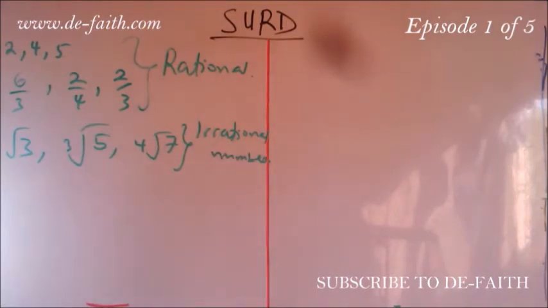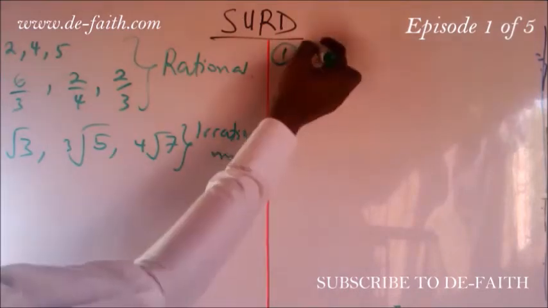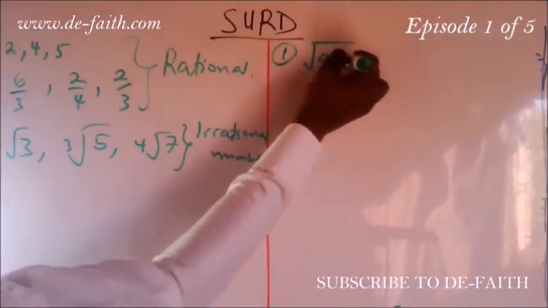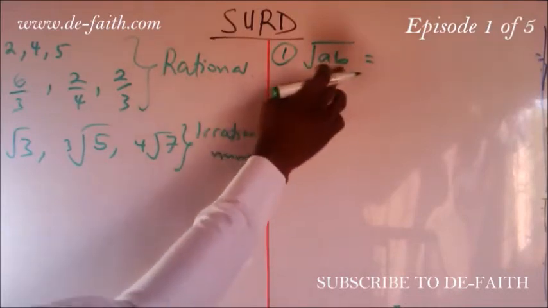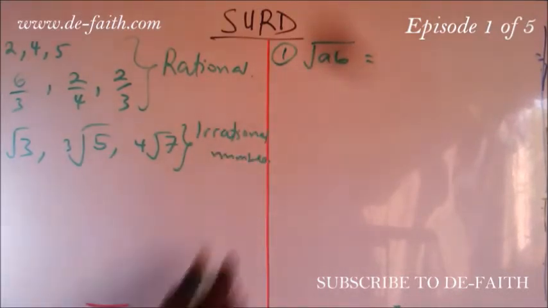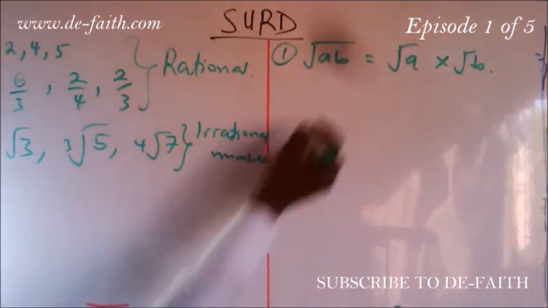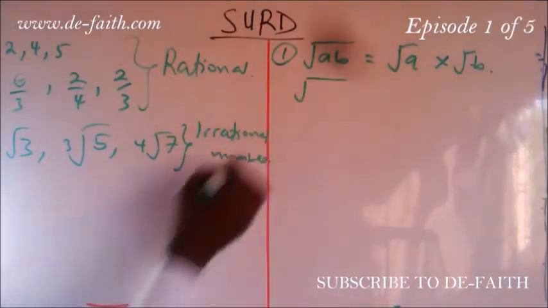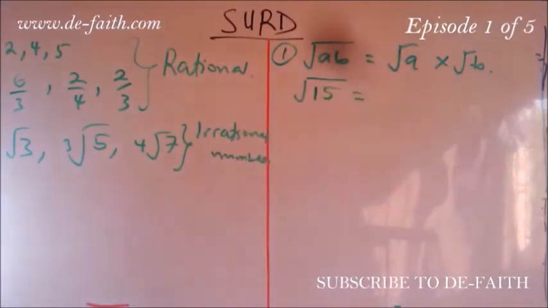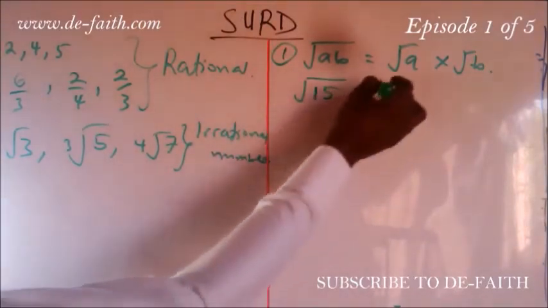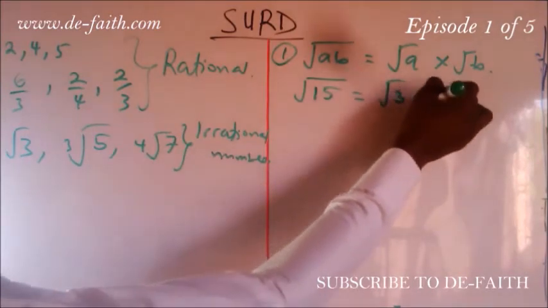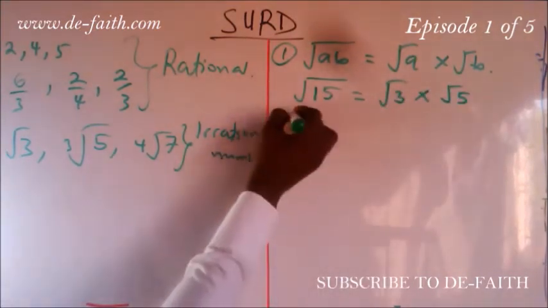So a surd is an expression of irrational numbers. When you are solving surd questions, we shall be dealing with expressions of irrational numbers. We have rules as well in surds. 1. If you have the square root of AB, it can be expressed as root A times root B. For example, the square root of 15 can be rewritten as the square root of 3 times the square root of 5. 2.